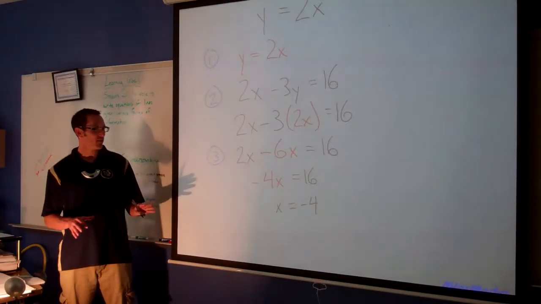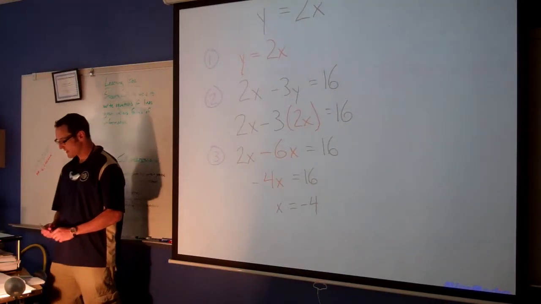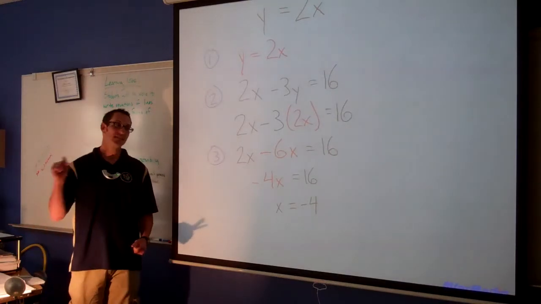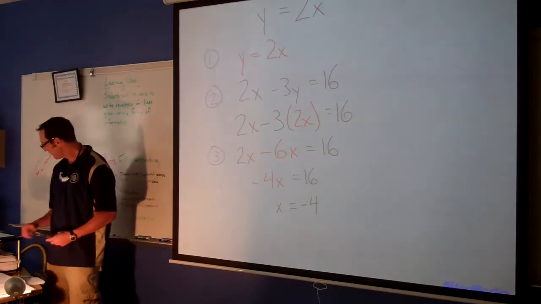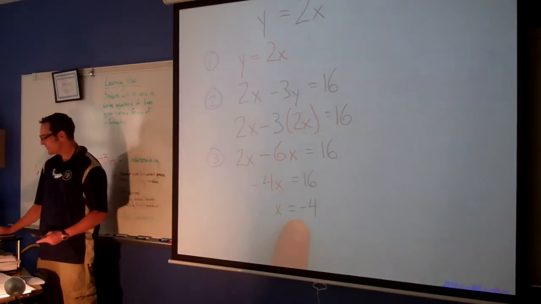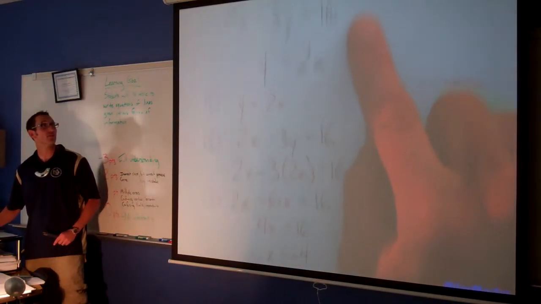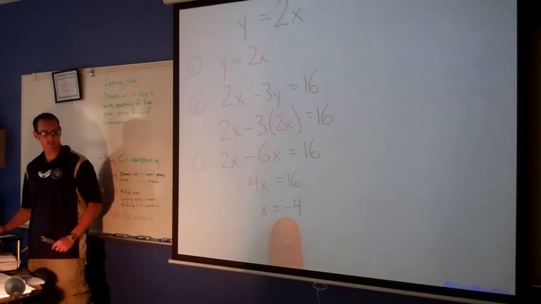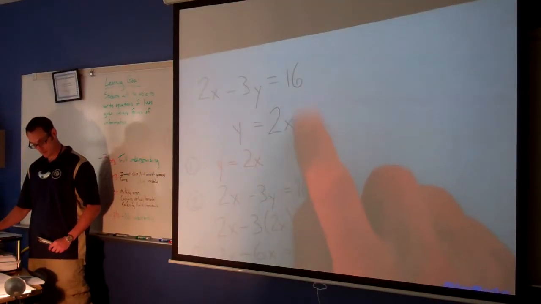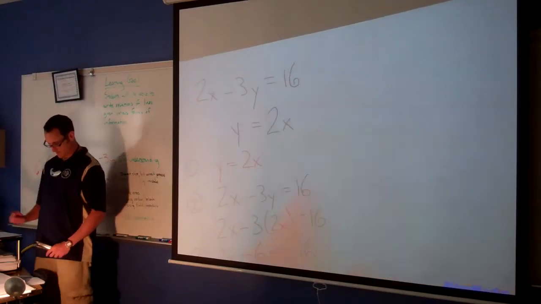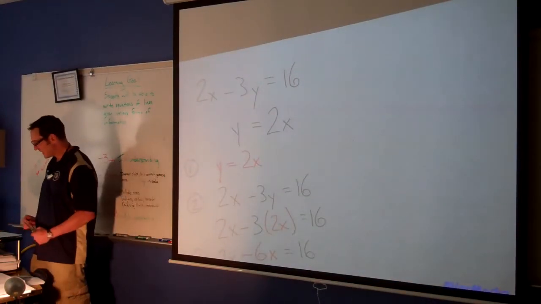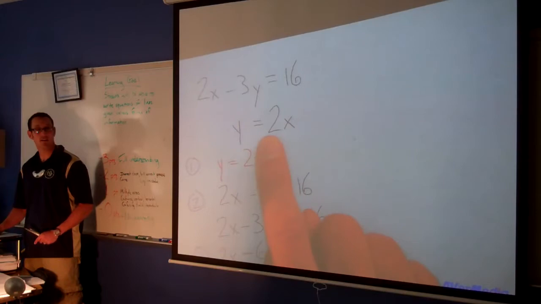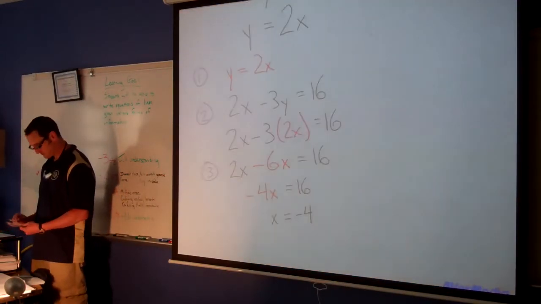Now that we know this, we're going to continue on with step 3 to find the exact value for y. We can plug this value for x into either of these original equations. It would be easier to plug it into here, but let's show it the hard way.